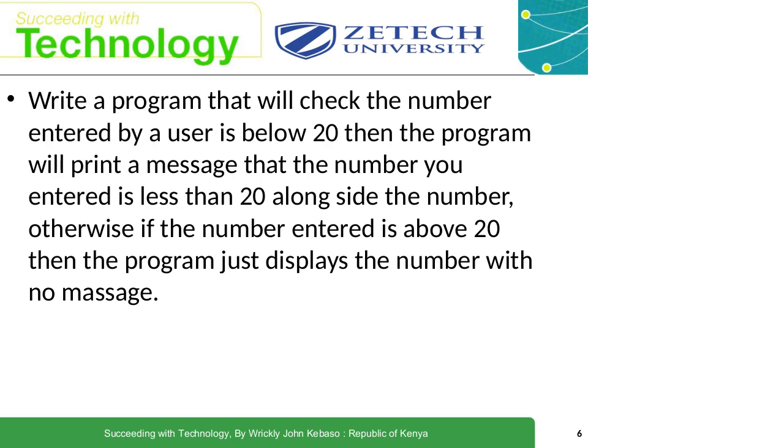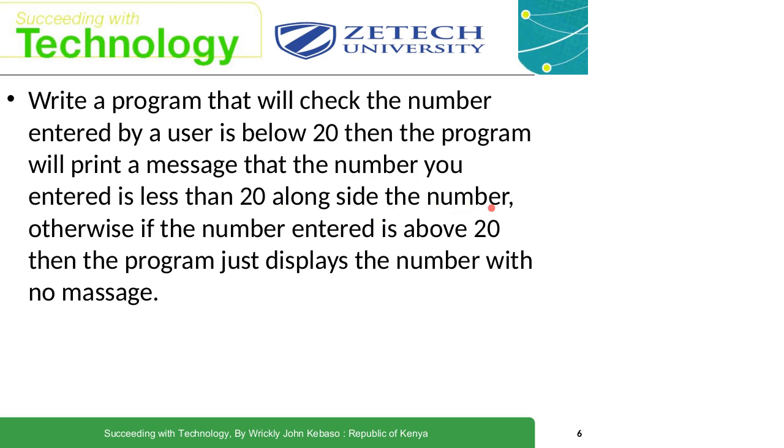For example, here we are saying write a program that will check the number entered by a user, and if the number is below 20, the program will print a message that the number you entered is less than 20 alongside the number.